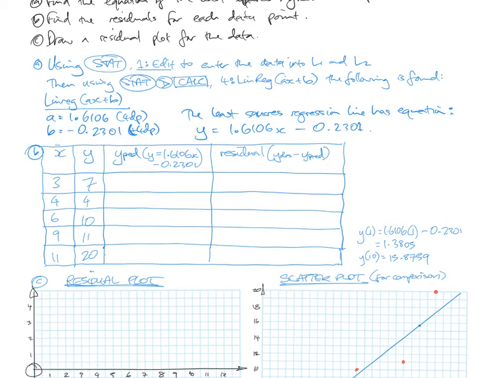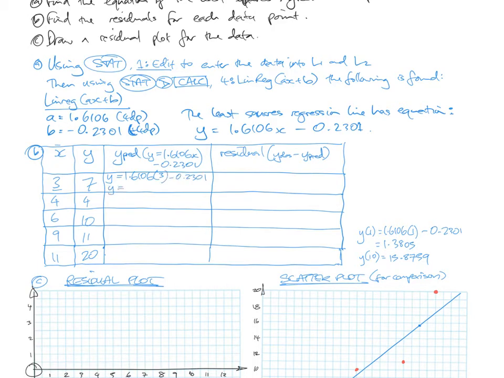We need to know what the y predicted is using this equation here. So we need to substitute the known x into the equation to work out what the predicted y is. Y is going to be 1.6106 times the x value that we know, which is 3, take 0.2301.